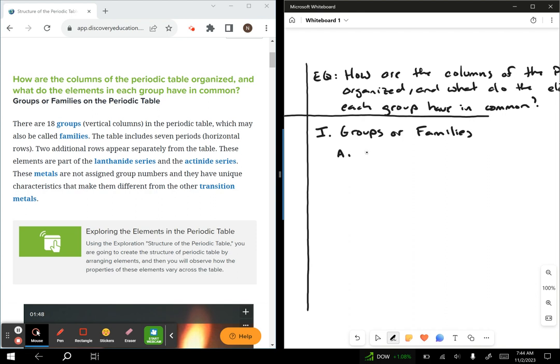There are 18 groups, aka families. These are the vertical columns. Aka, that's groups also known as families.